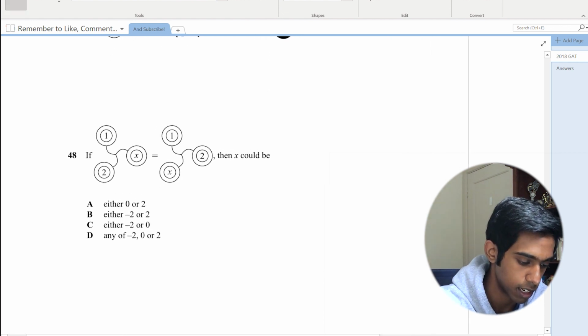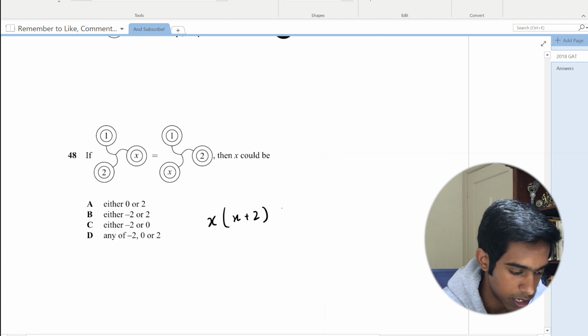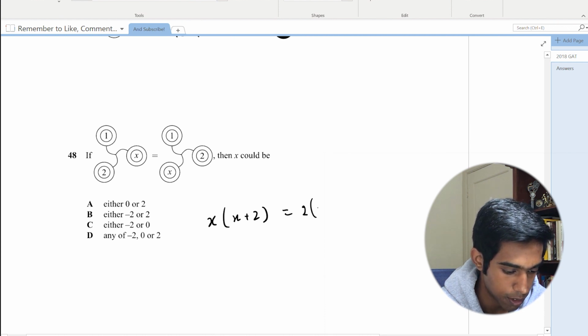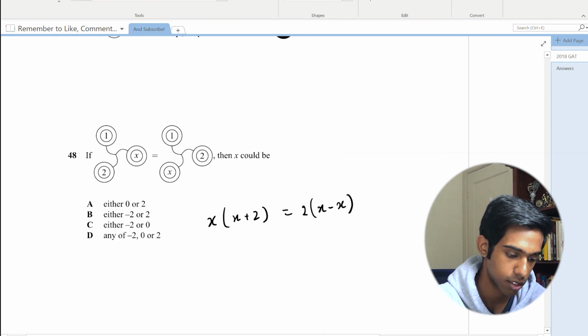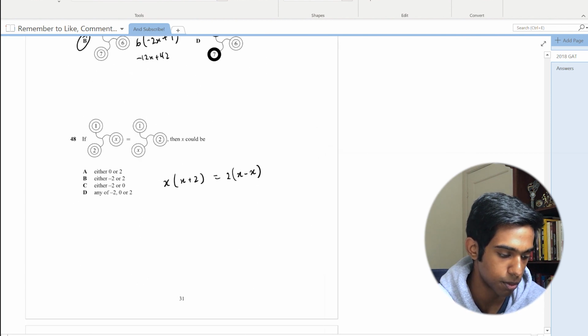Okay. So let's write these ones out again. So we've got x squared minus x plus 2x equals 0. That should be pretty simple.